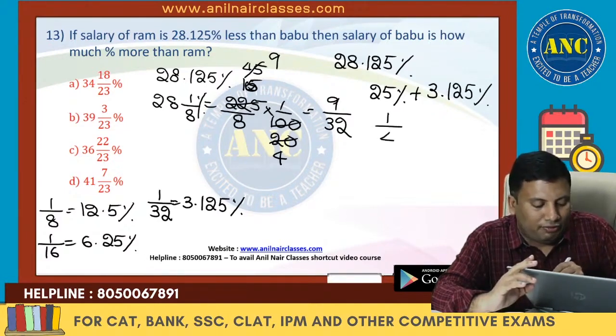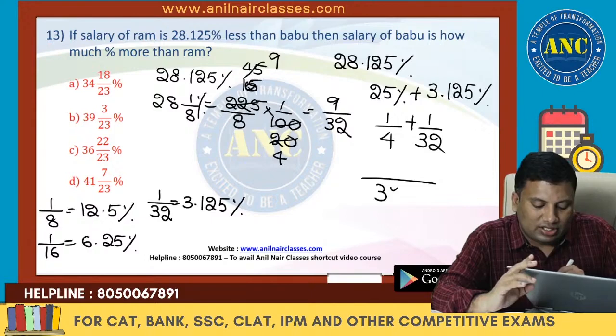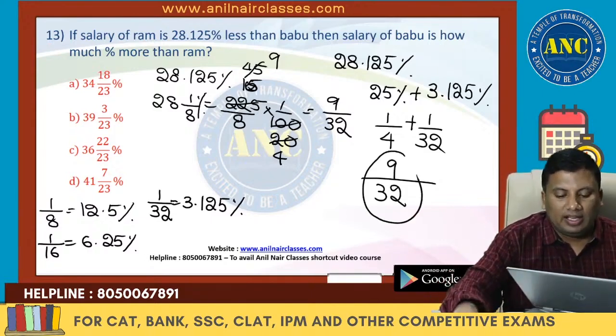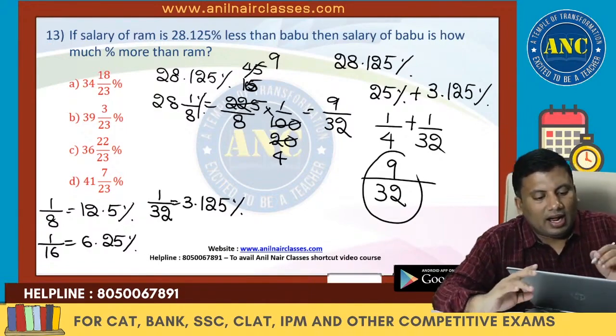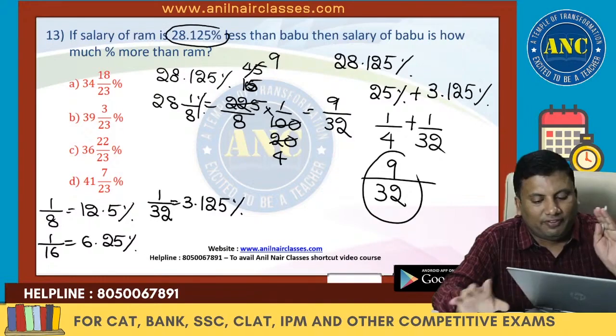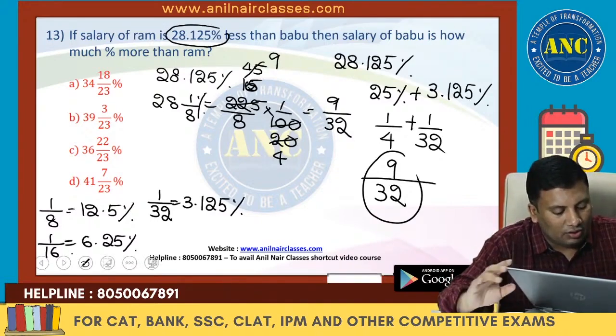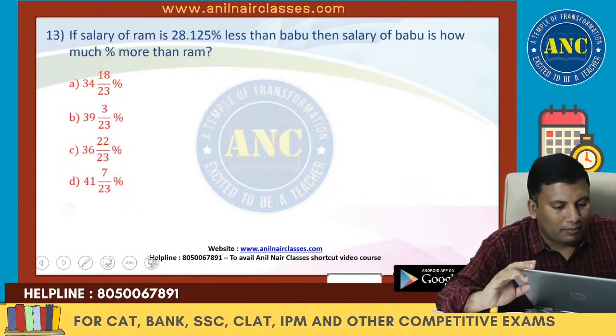That is 1 by 4 and 1 by 32. LCM 32, 8 plus 1 is 9, so it is 9 by 32. First, converting the percentage into fraction, it should be clear. Now, let us go one by one.